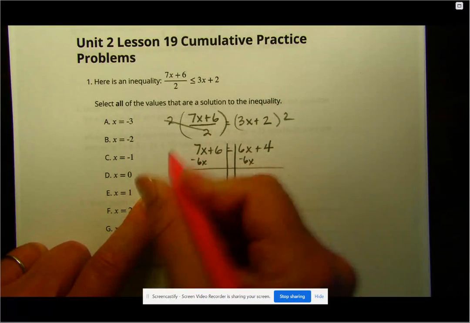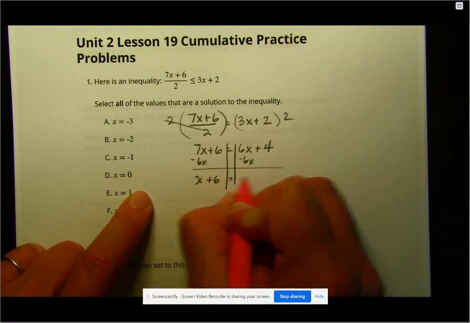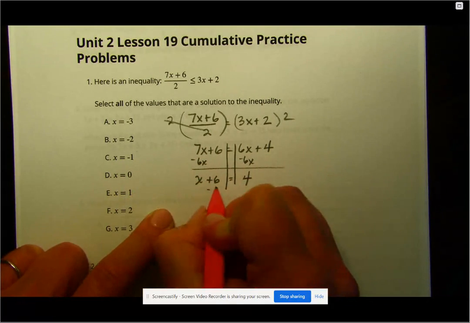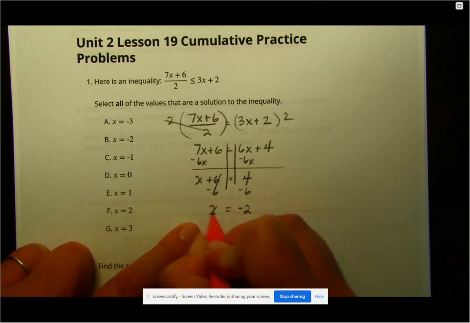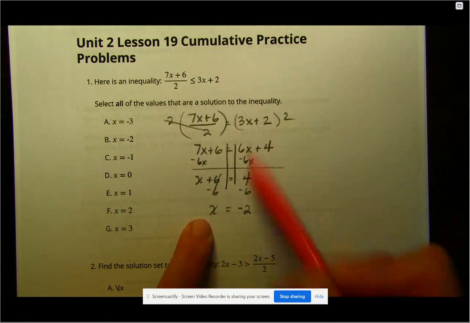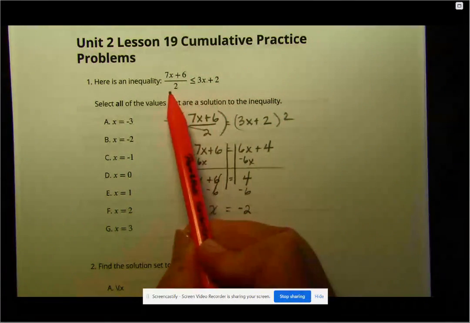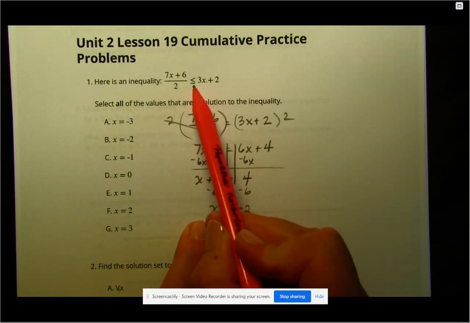Move the x term over. X plus 6 is equal to 4. Subtract 6. So when x is negative 2, when that is plugged in here and here, it makes the two sides equal. And this inequality is wanting the left side to be less than or equal to.